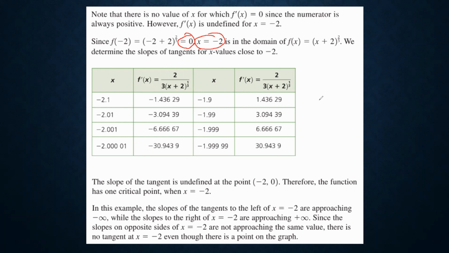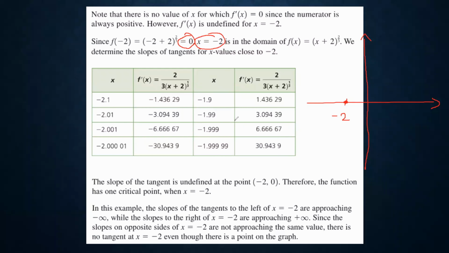So that's how we find the point, or in a critical point, you can call it that way. It's going to have coordinates -2 and 0. Why 0? It's the x-intercept, right?